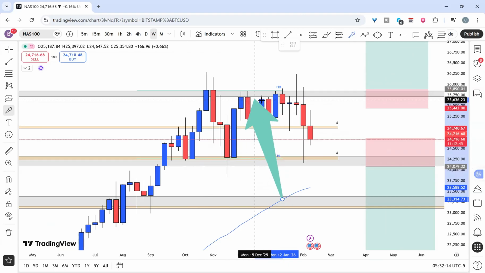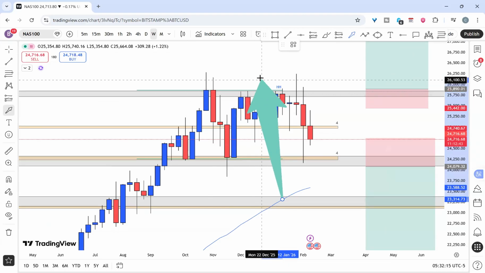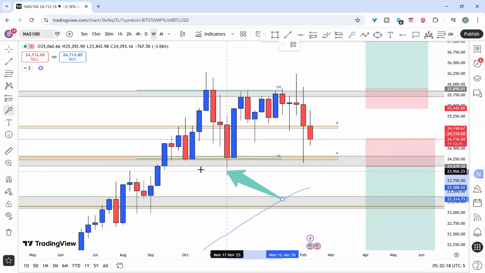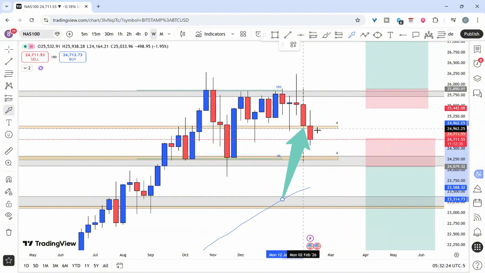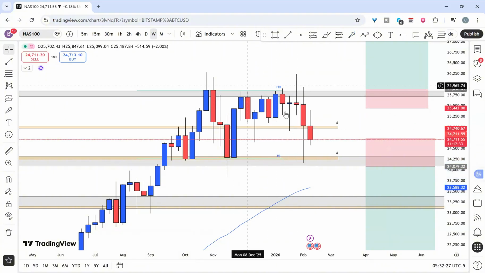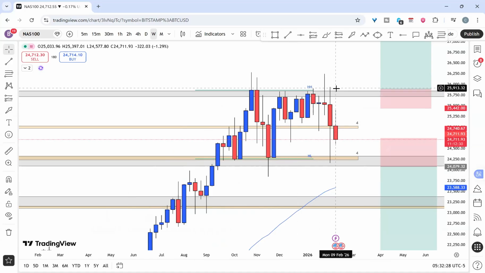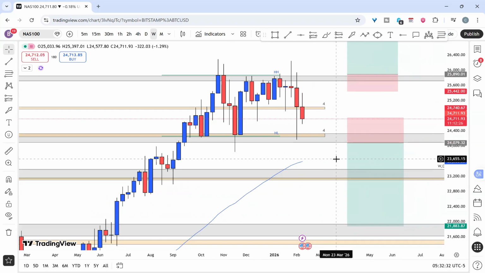Nothing has been broken, neither the highest high nor the higher low. So now basically in the weekly time frame, it is ranging. This is definitely still a bullish trend, but we need to keep an eye on it because there might be a breakout on the upper level, on the higher high, or on the higher low. Let me talk about this one later.